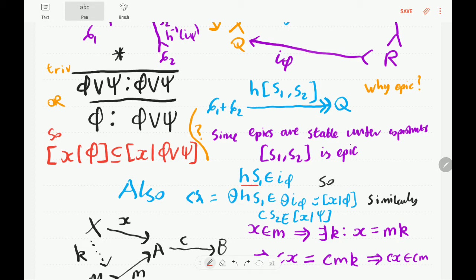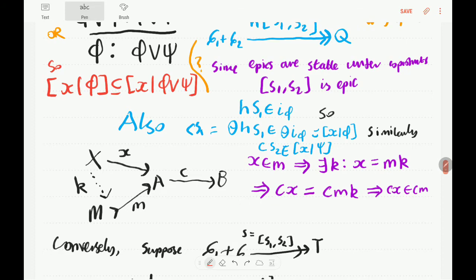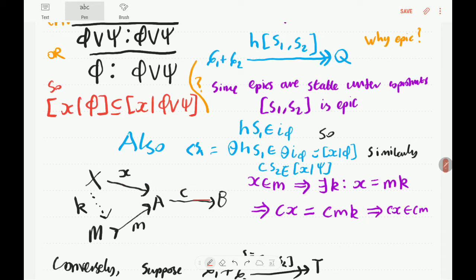The core thing here is this. We have H S1 is in I of phi, and that implies that theta after H S1 is in theta I of phi. In fact, we have this kind of thing in general.